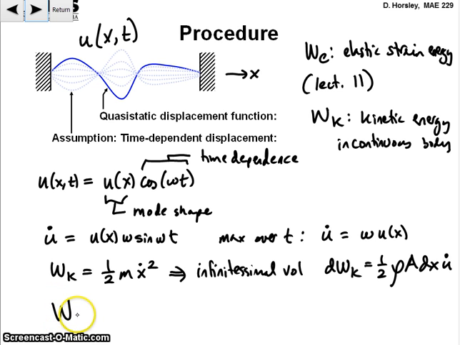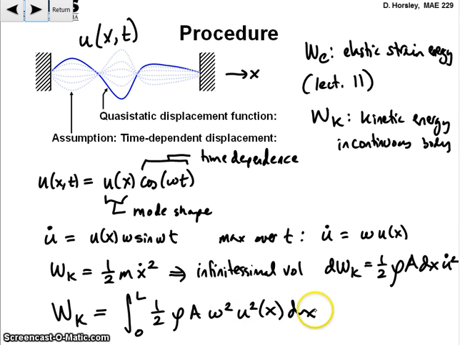So for our continuous body, the kinetic energy is found by integrating over the length of the beam from 0 to L, 1/2 rho A times, sorry, this should be u dot squared here, omega squared u squared of x dx. Okay, so this is our expression for the kinetic energy of a continuous beam.